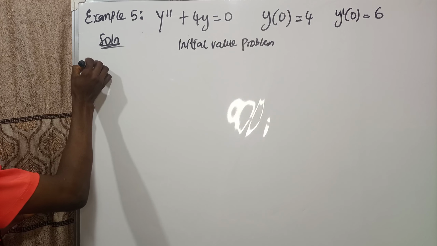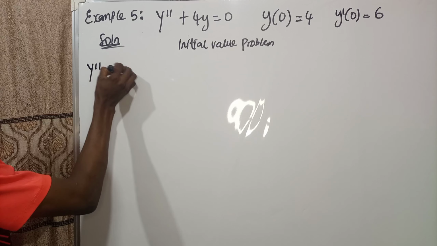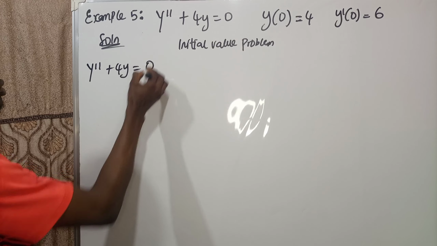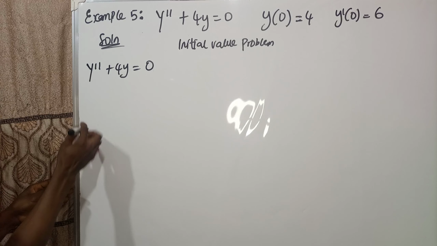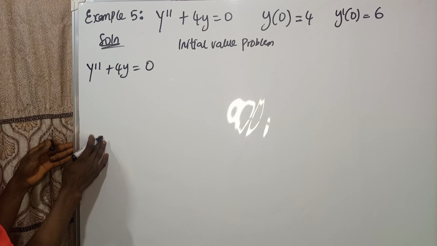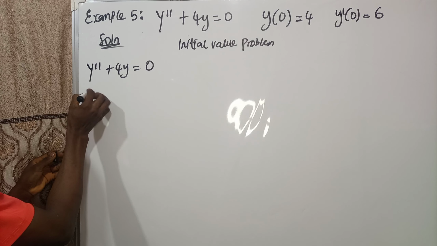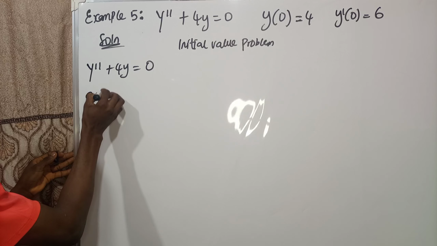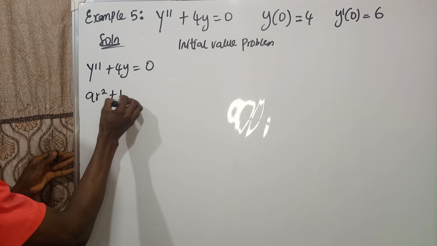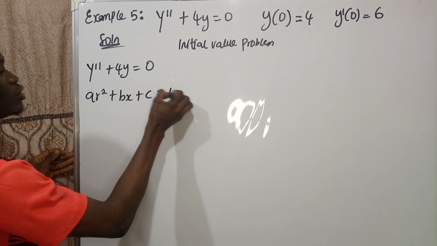So we write the question y'' + 4y = 0. Using our characteristic equation, we're going to have ar squared plus br plus c is equal to 0.